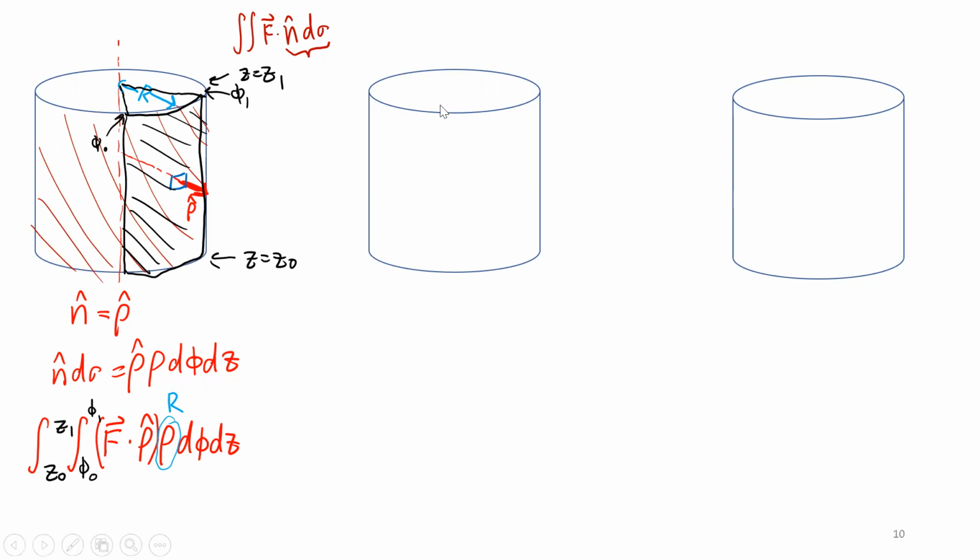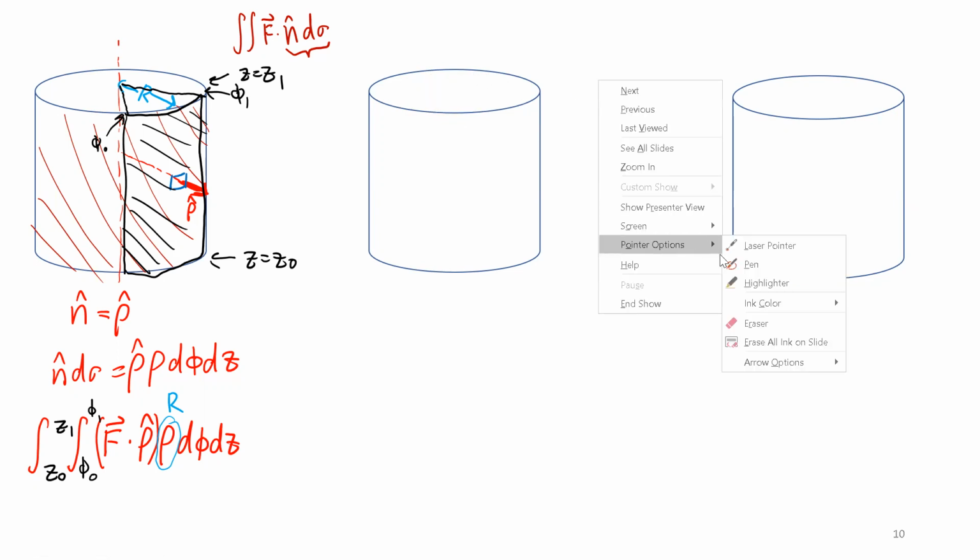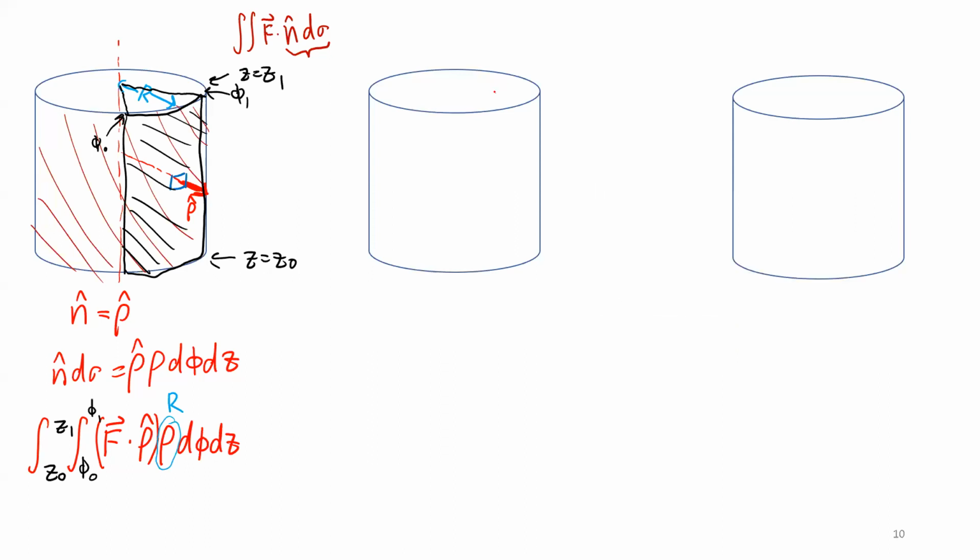So this is the first kind of surface that is easy to do in cylindrical coordinates. The second kind is that I consider the top part, if I'm going to integrate the flux just over this top circular area. What is the normal vector this time? The normal vector would be a vector pointing up.